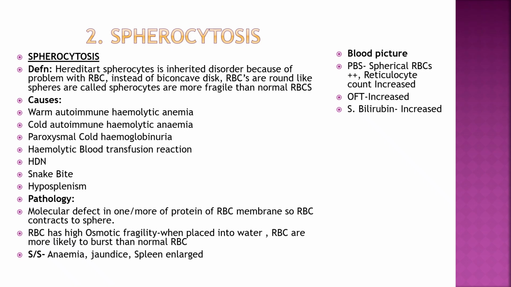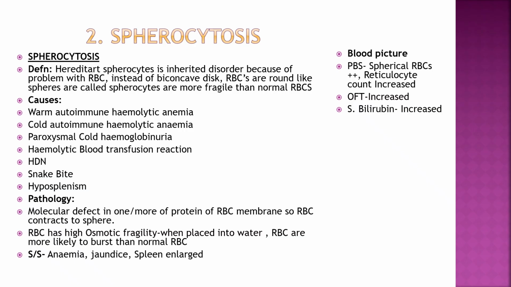Spherocytosis is a hereditary disorder because of problems with RBCs. Instead of a biconcave disc, RBCs are round like spheres, called spherocytes, and are more fragile than normal RBCs. Causes: warm autoimmune hemolytic anemia, cold autoimmune hemolytic anemia, paroxysmal cold hemoglobinuria, hemolytic blood transfusion reaction, hemolytic disease of newborn, snake bite, hyposplenism.